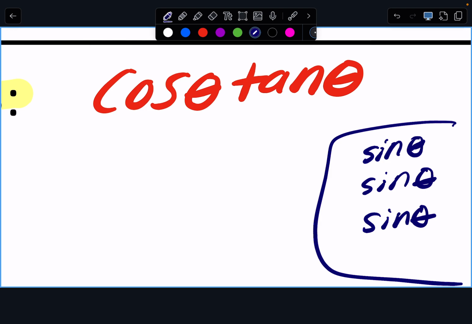It doesn't matter how fast you are at these. You can be slow at these and still get them right. The point is, do you get them right? Is everyone getting sine?